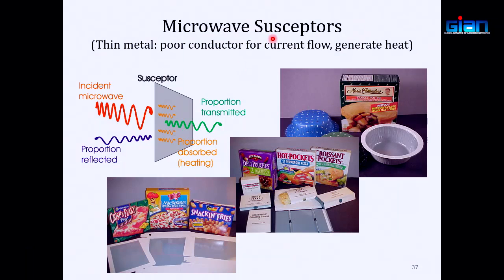So then packaging engineer came with the idea of using the susceptor. So now in US, and I'm sure here must have come also, you have pizza which you can do the cooking in microwave rather than in oven. So you buy this frozen or refrigerated pizza. The base is there, sauce is there, toppings, cheese, everything is there.